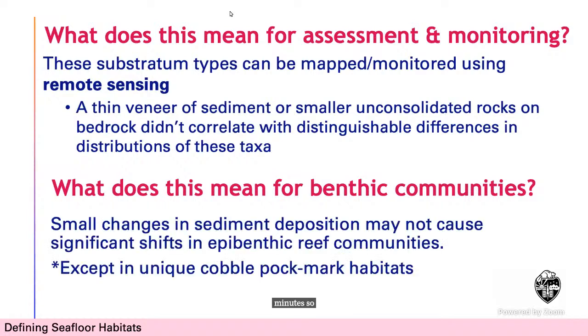So for benthic communities, small changes in sediment deposition on bedrock habitats might not result in ecologically significant changes in epibenthic communities, except in these unique cobble pockmark habitats. They're so small that if we were to sediment in those cobble habitats, we'd lose the structure.